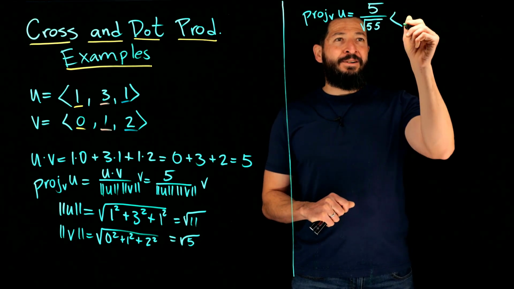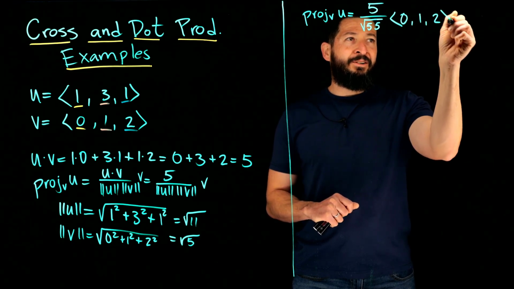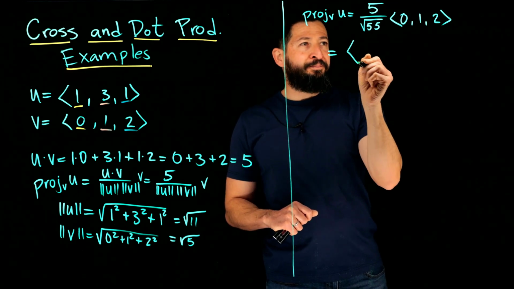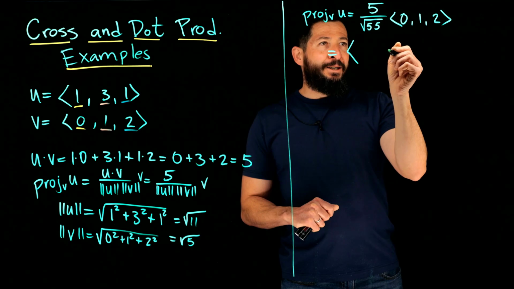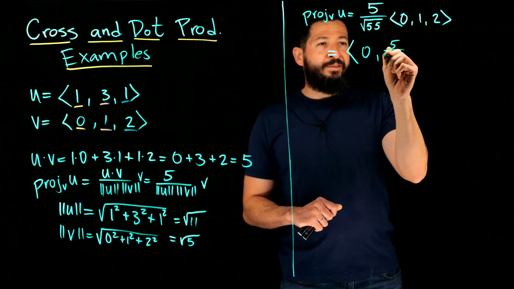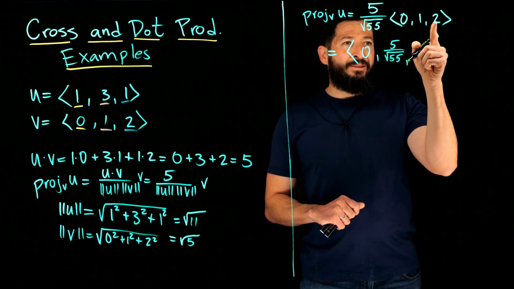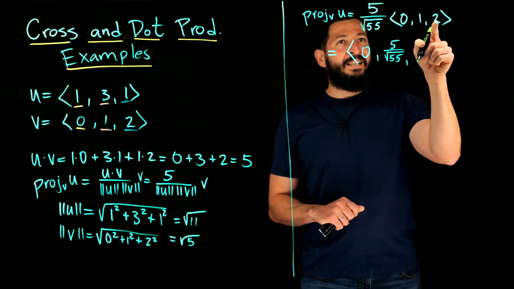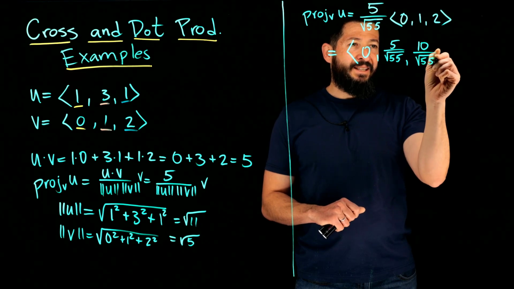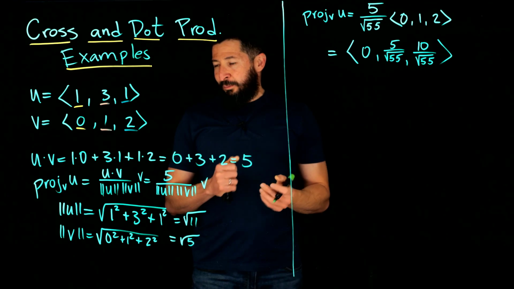Sorry about that. So v then becomes 0, 1, 2. That's the vector I had, and then my projection is just the vector with entries, in this case, 0, 5 over the square root of 55. And as I said, I'm not partial about rationalizing, so I'm just going to leave it like that. So 2 times 5, 10 over square root of 55. And that would be how you compute a projection.